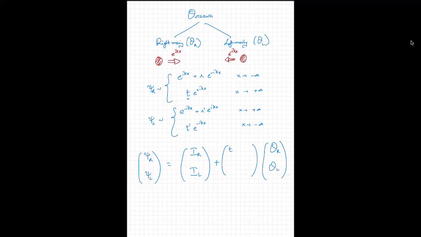And of course, the part that is multiplying OL, which is the outgoing wave traveling to the left, is R. Similarly, in the psi L case, the incoming wave is a wave traveling to the left, which is e to the minus ikx, right? And then there is an outgoing wave to the right, which has a coefficient r prime, and an outgoing wave to the left that has a coefficient t prime. So I can write this as r prime and t prime. Is this clear to everybody? Are there any questions?